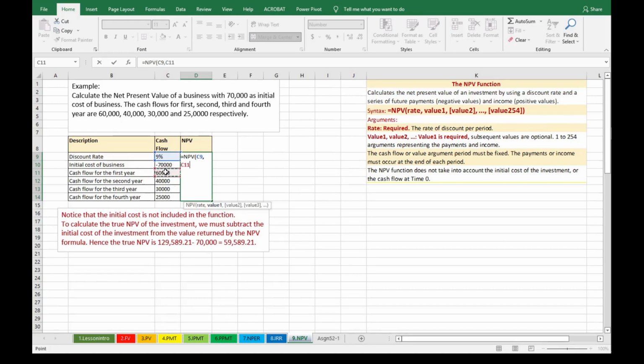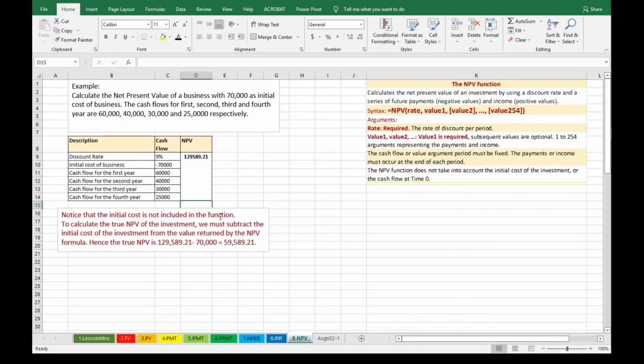So we have 60,000, 40,000, comma, 30,000, comma, 25,000. We close the parenthesis and we get the net present value of 129,589.21.